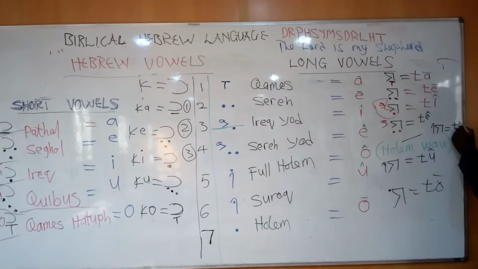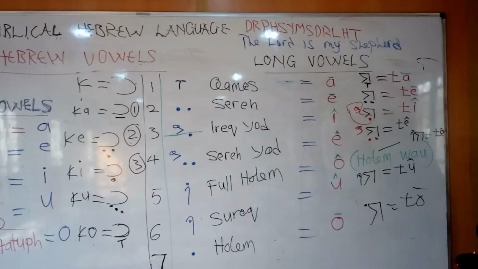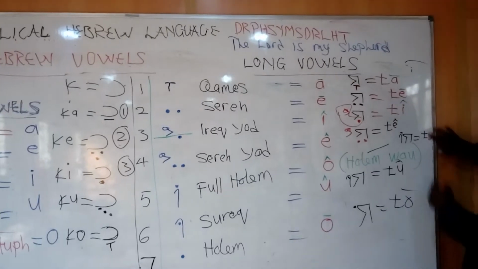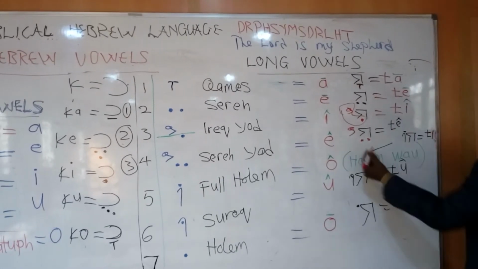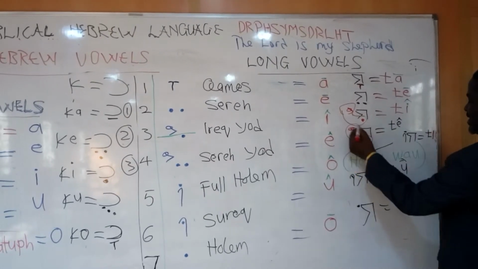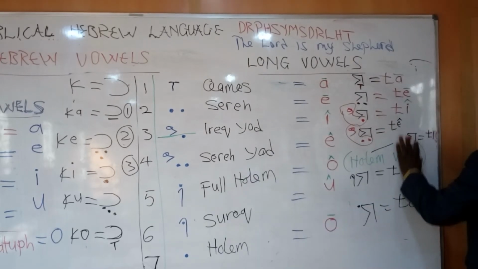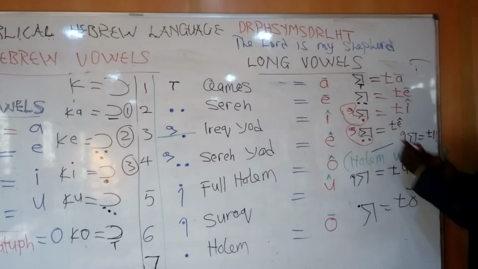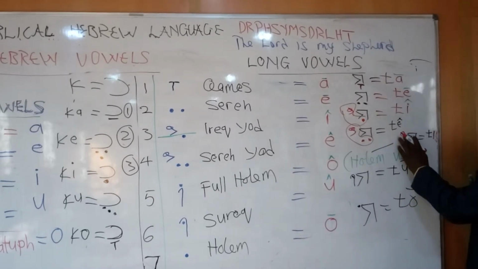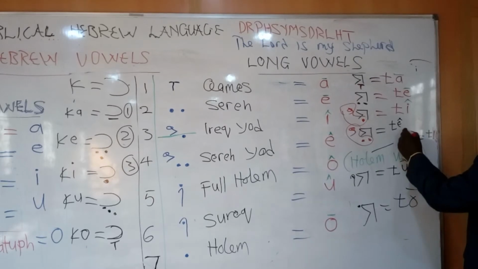Te, sere, yod. This is just an E. Then when it comes to full olem, the full olem will stand fully. So you have to.